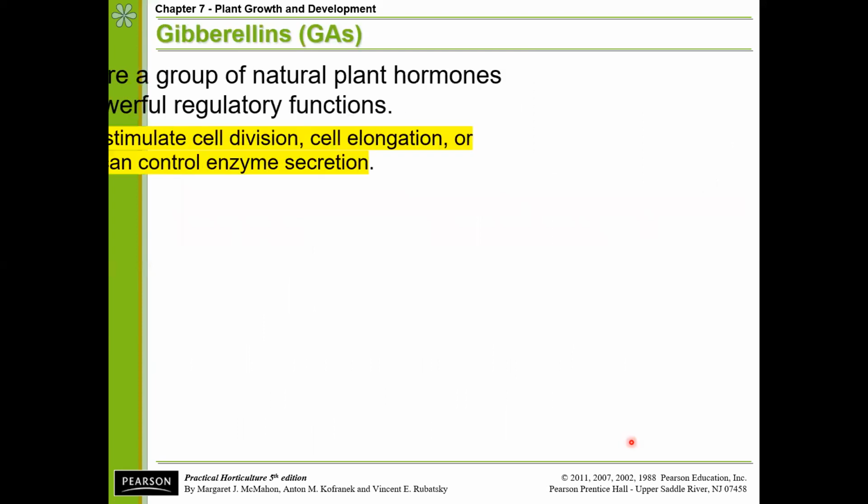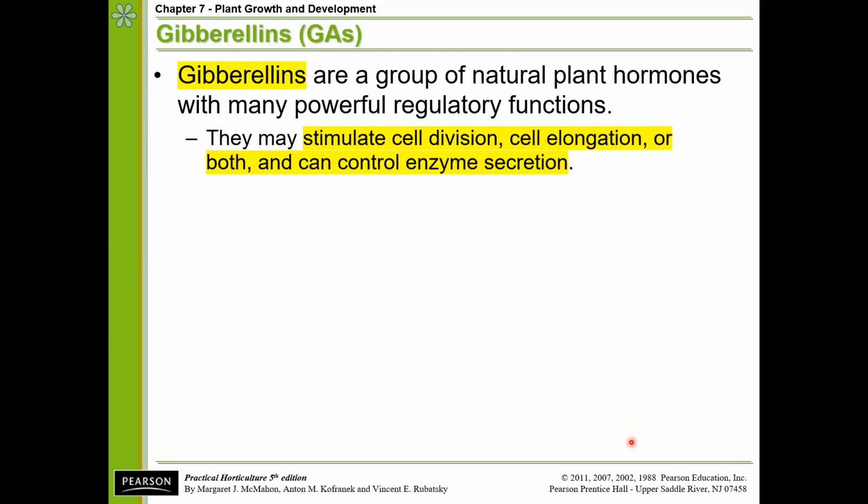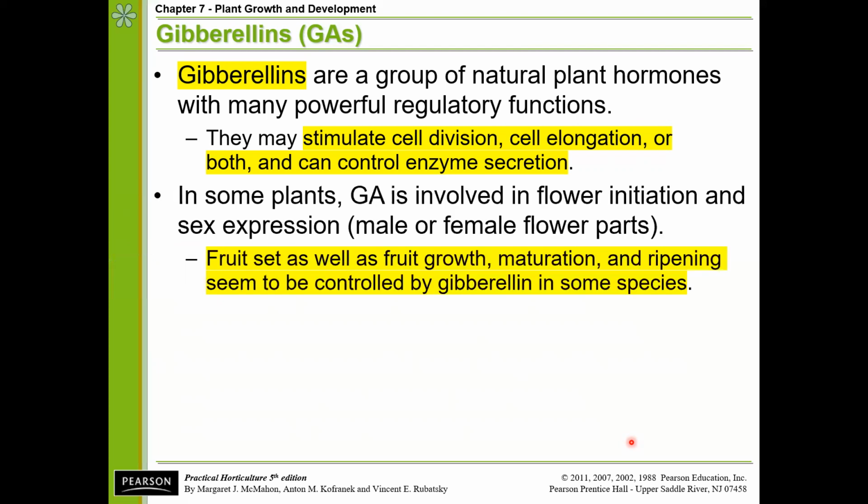Gibberellins are a whole class of different chemicals that have all kinds of different functions, from stimulating cell division or elongating parts of the plant, especially the stems, to controlling particular enzymes in the plant.